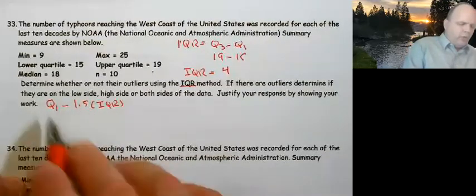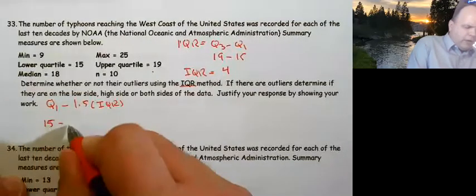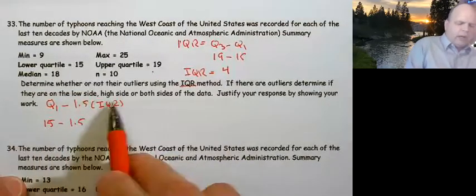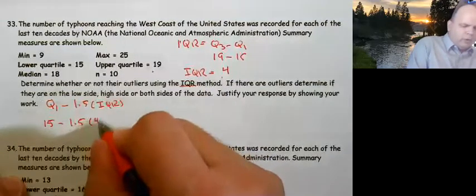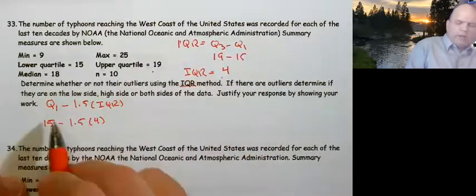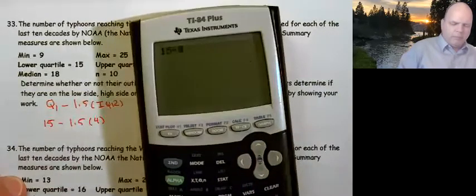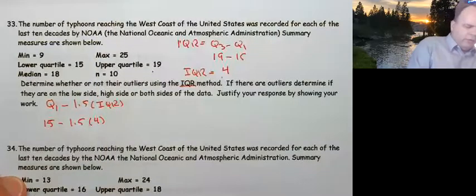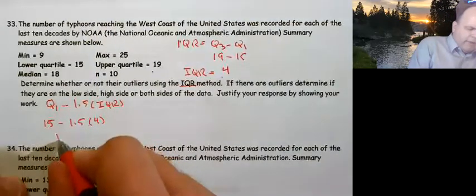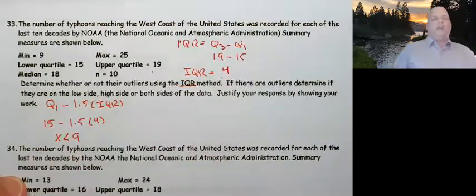So what was Q1? 15 minus 1.5, and our IQR, we already calculated, was 4. When I put this in a calculator, I end up getting 9. So if x is less than 9, there's an outlier on the low side.